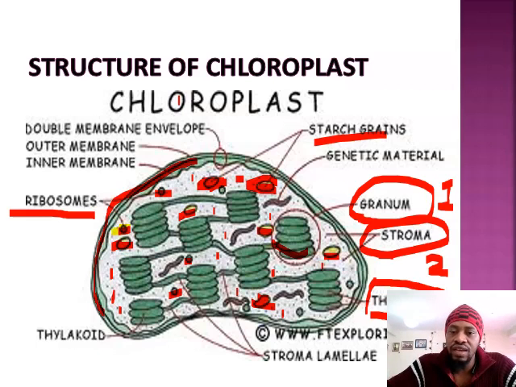And at the end of photosynthesis, when we have produced starch, we'll find starch grains here ready to be packaged and taken to the phloem. So that is the structural suitability of the chloroplast in terms of photosynthesis.